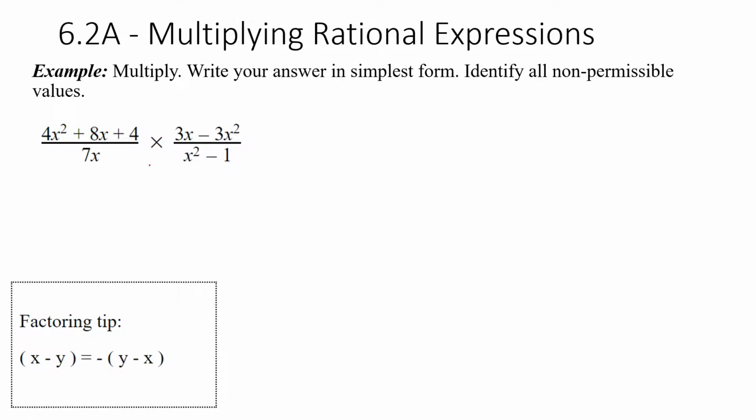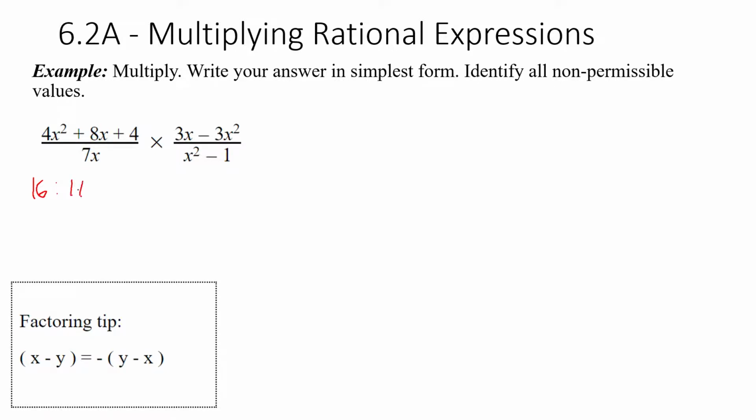Let's do another one. This one is a trinomial that we're going to have to work with. So 4x squared plus 8x plus 4. So multiply the a and the c, and you get 16. We're looking for two factors of 16 that can add together to be 8.